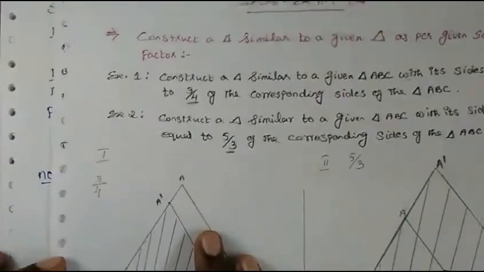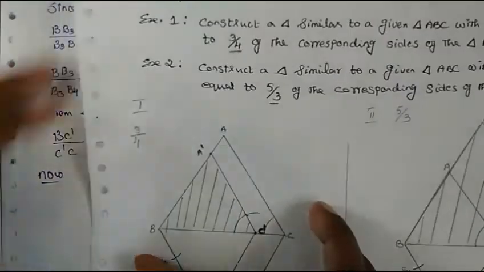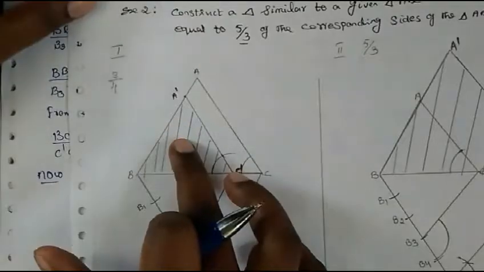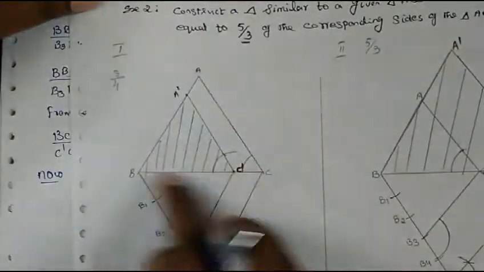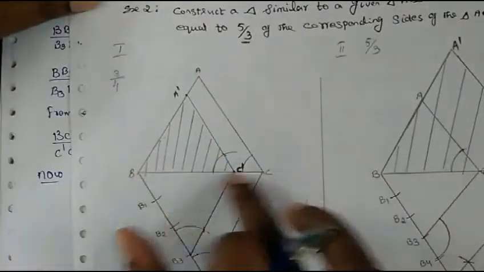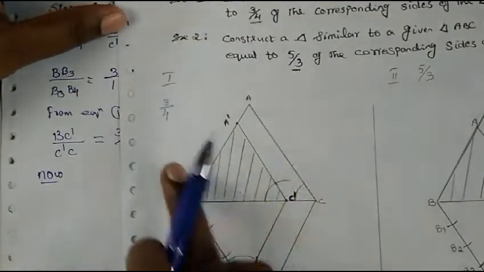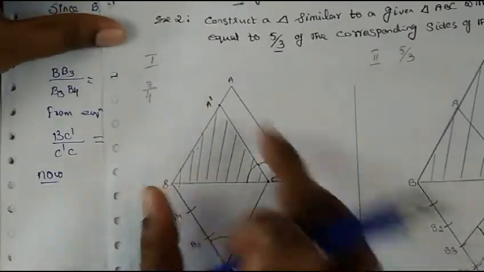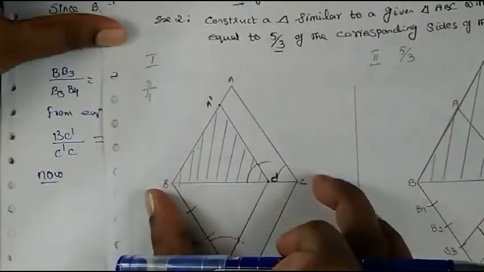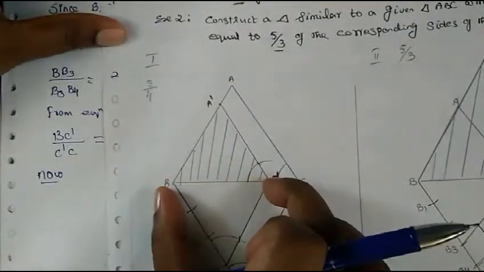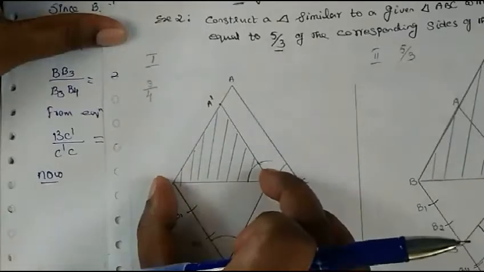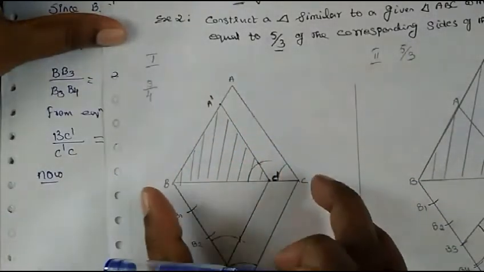We have to prove that this small triangle we constructed and this big triangle, the sides are in the ratio of 3 upon 4. So we have to prove that this side, this is the big triangle side, and then the small triangle side. So for the small triangle this side and for the big triangle this side.